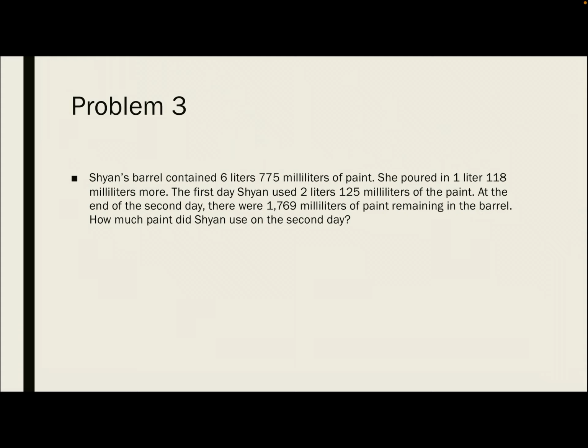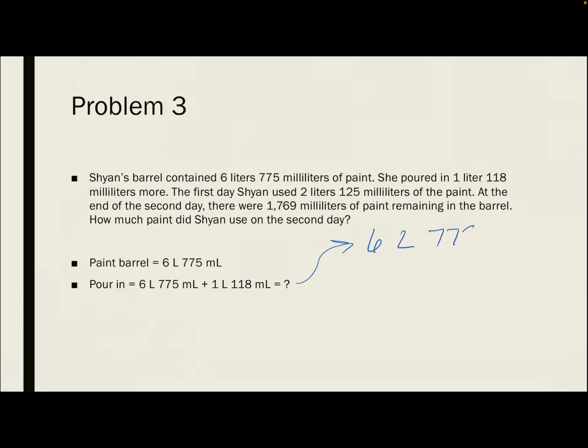So this is going to be a multiple step problem, not just a two-step problem. So with pulling out our information, we know that the paint barrel started with 6 liters, 775 milliliters. Then she added to it. So she added 1 liter, 118 milliliters to that. So let's go ahead and solve that part. 6 liters, 775 milliliters plus 1 liter, 118 milliliters.